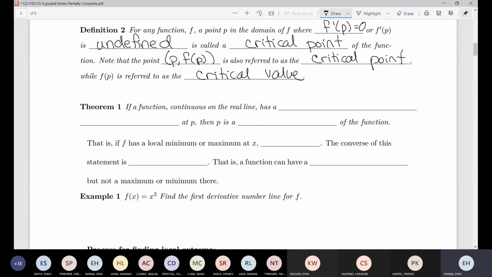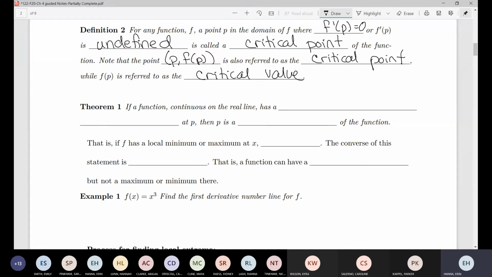So we have a theorem, which is just something that's true. If we have a function that's continuous on the real line, which essentially means 98% of the functions we deal with, and I need to talk about undefined in a second, which essentially just means you can draw it very nicely without picking up your pencil.